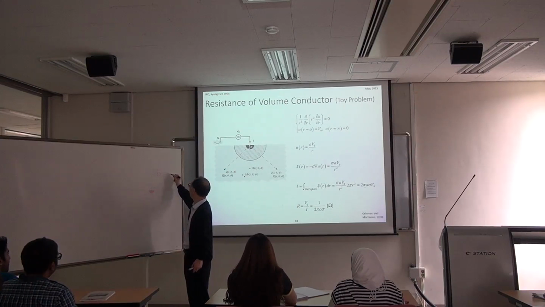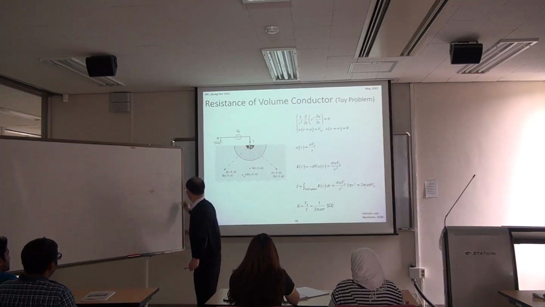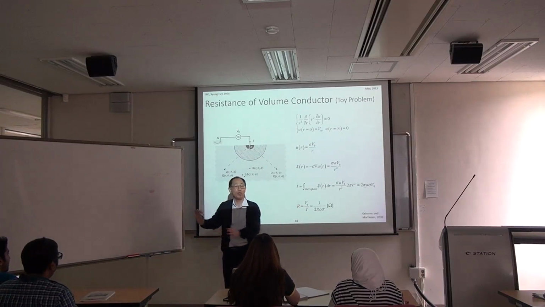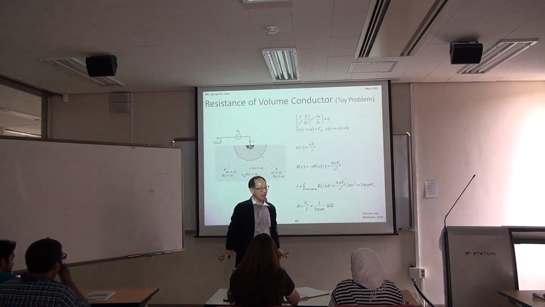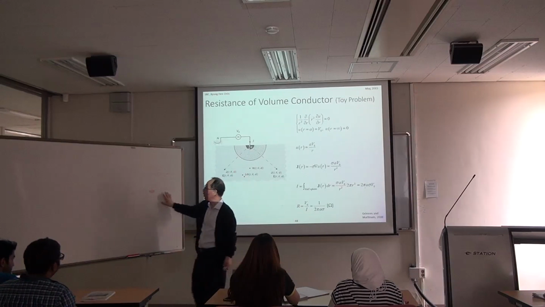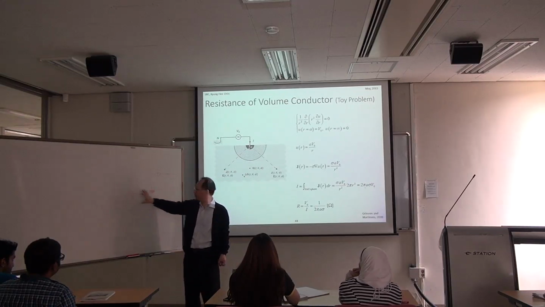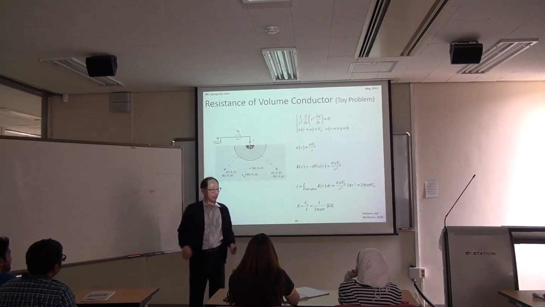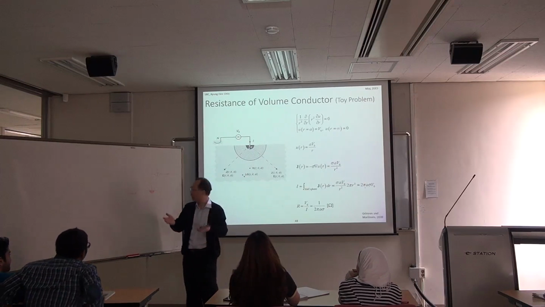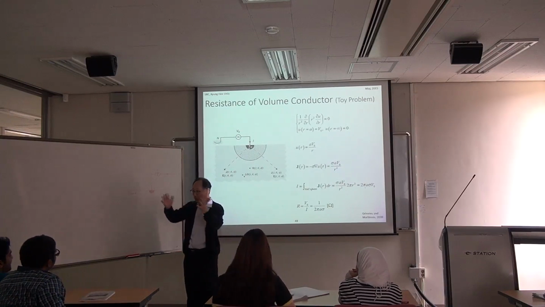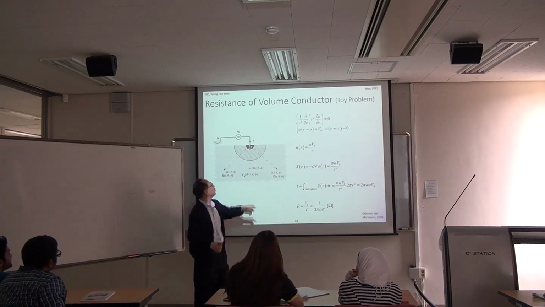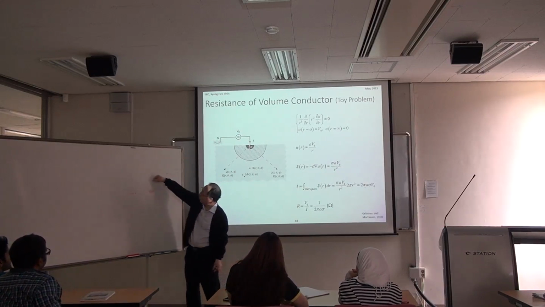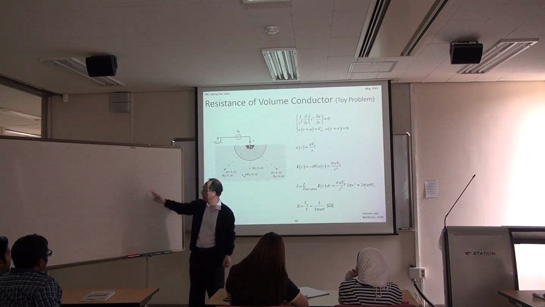And then this is the ground, real ground, okay? And you connected this to a ground point very far away. Or this is the sea, the Pacific Ocean. You want to measure the resistance of the Pacific Ocean. So you prepared an electrode, a half sphere with radius of A, and you inserted this electrode into the Pacific Ocean, like this.